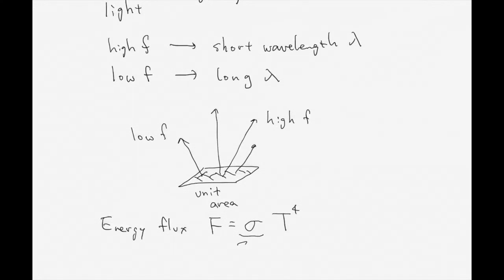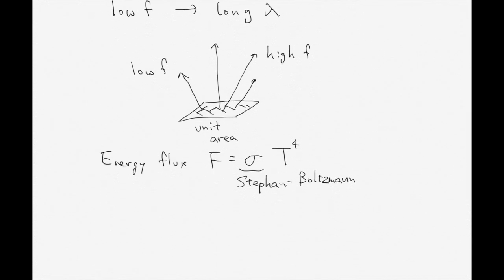This sigma is the Stefan-Boltzmann constant. This is called the Stefan-Boltzmann Law, and it is one of the most useful laws in astronomy.